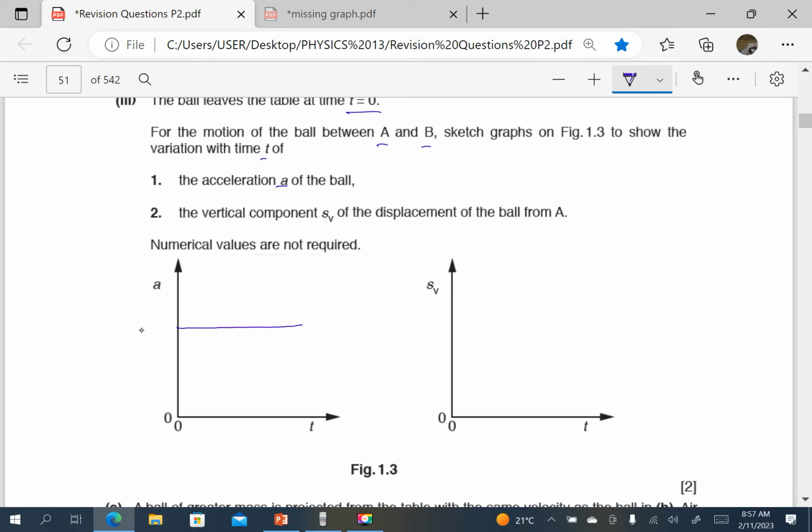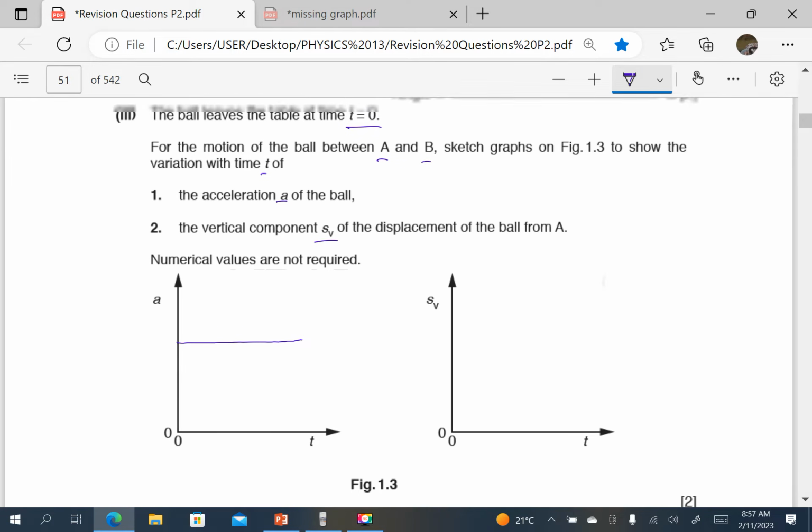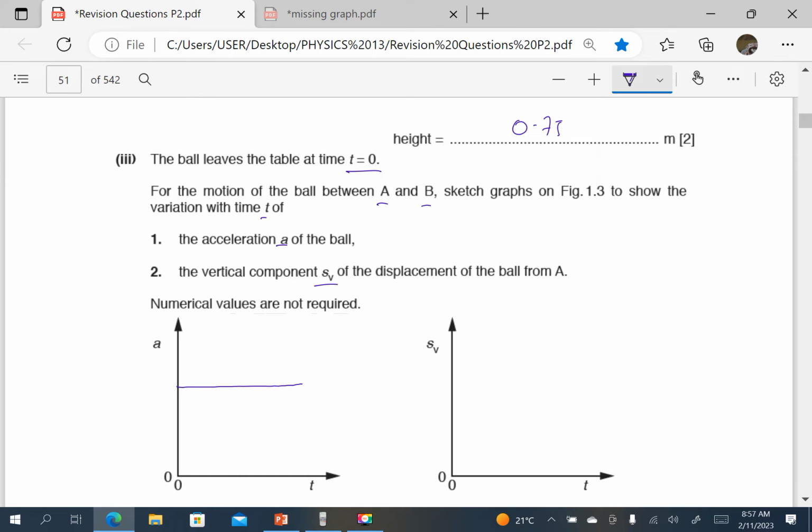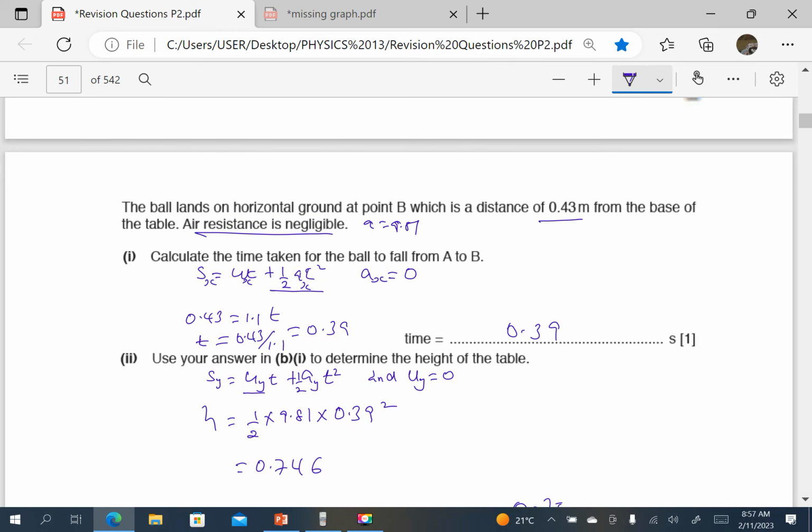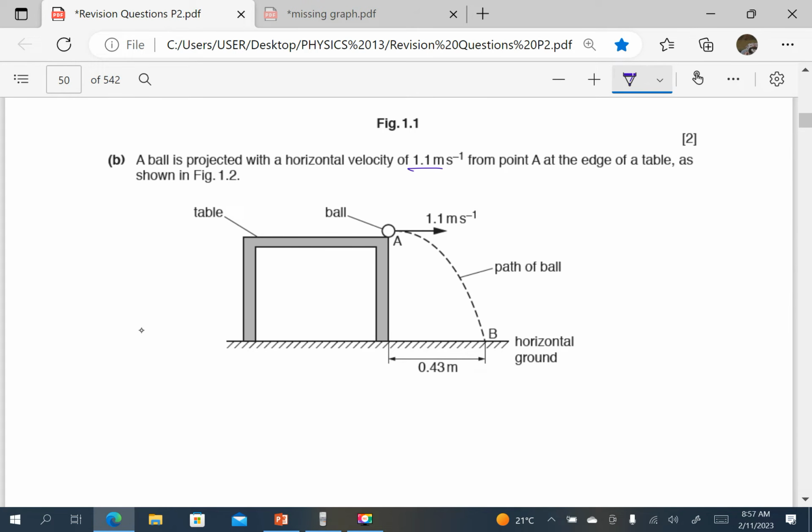Then the vertical component s_v of the displacement of the ball from A to B. Initially the displacement is 0 before it falls, but the vertical component increases.